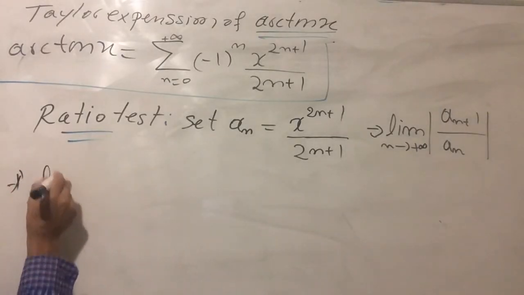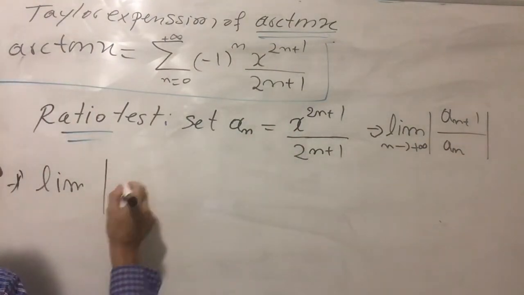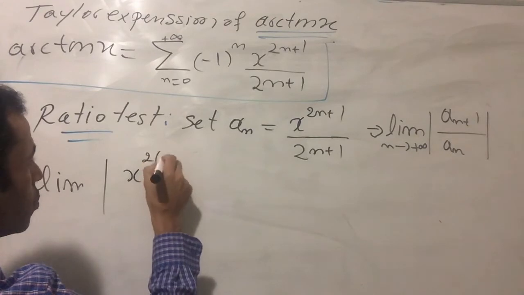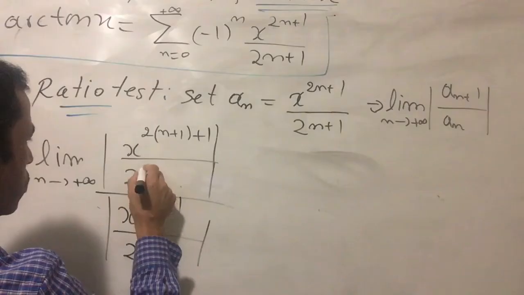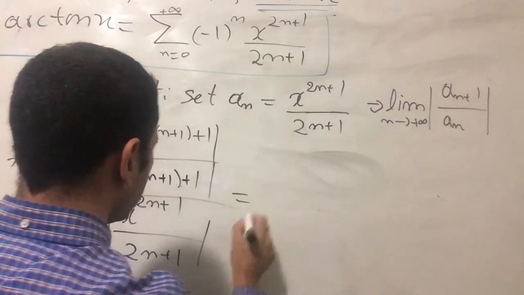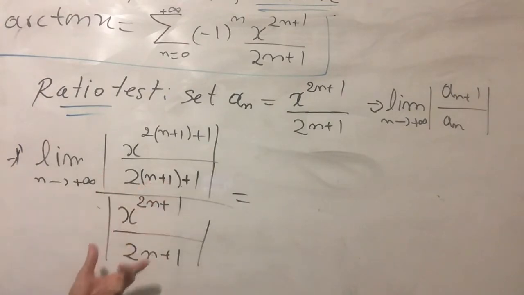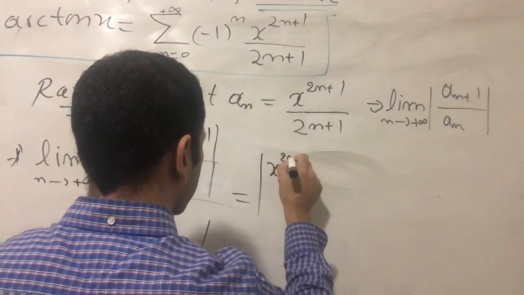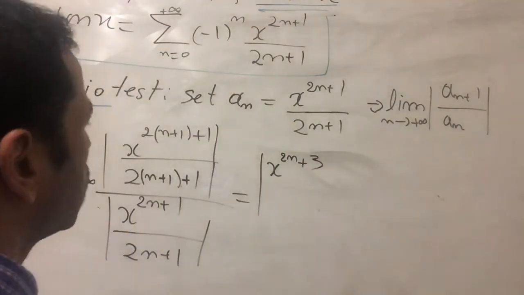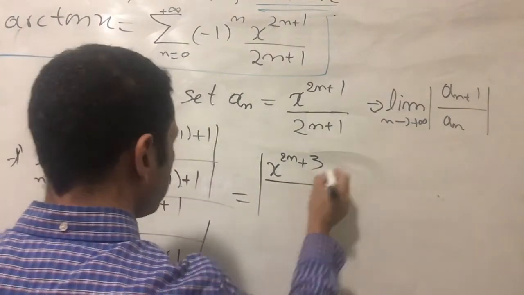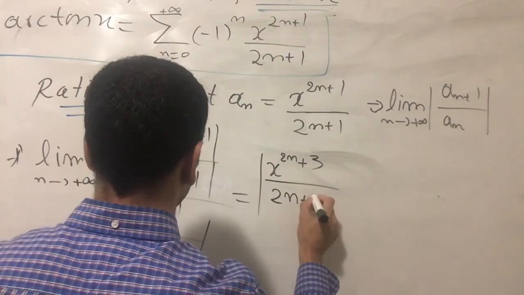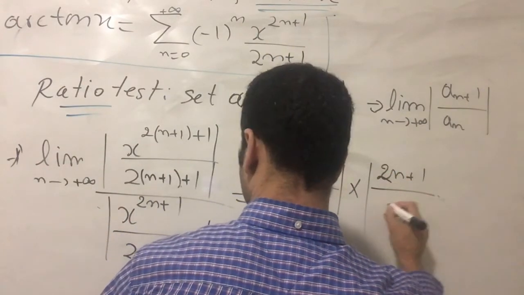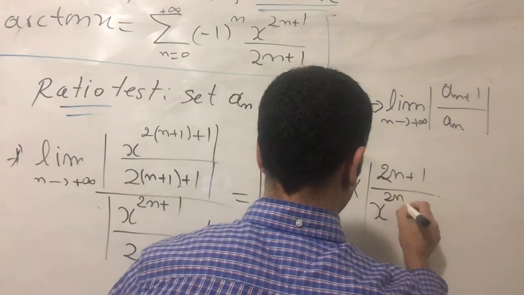So I'm going to take the limit of a sub n plus 1, which is the absolute value of x to the 2n plus 3 over 2n plus 3, multiplied by 2n plus 1 over the absolute value of x to the 2n plus 1.